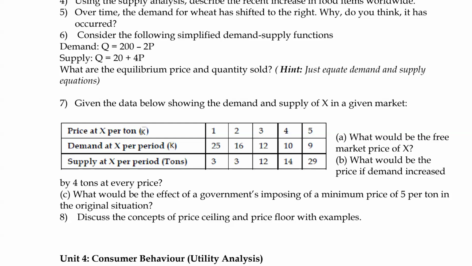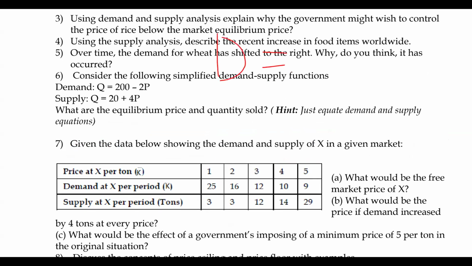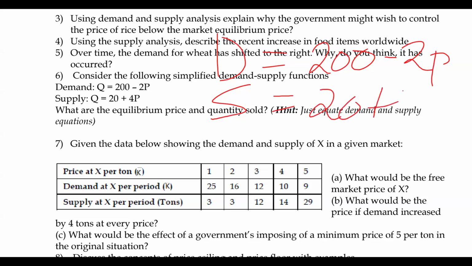Consider the following simplified demand-supply function. Demand is equal to 200 minus 2P, and the supply function is equal to 20 plus 4P.